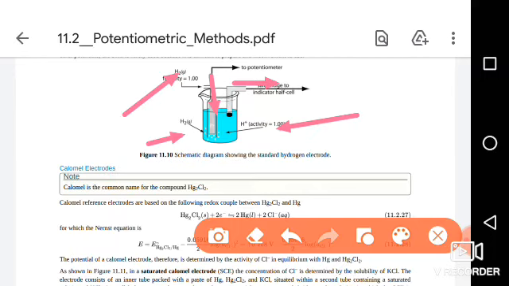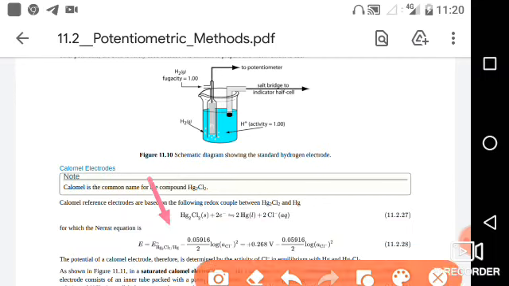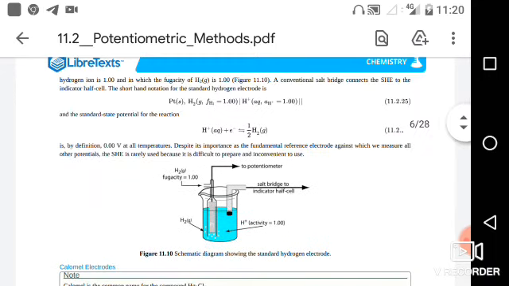So this is the schematic diagram of the hydrogen electrode, and by using this standard hydrogen electrode one can determine the potential of another indicator electrode by coupling it with the standard hydrogen electrode. The reaction that occurs is H plus plus 1 electron gives half H2 gas.